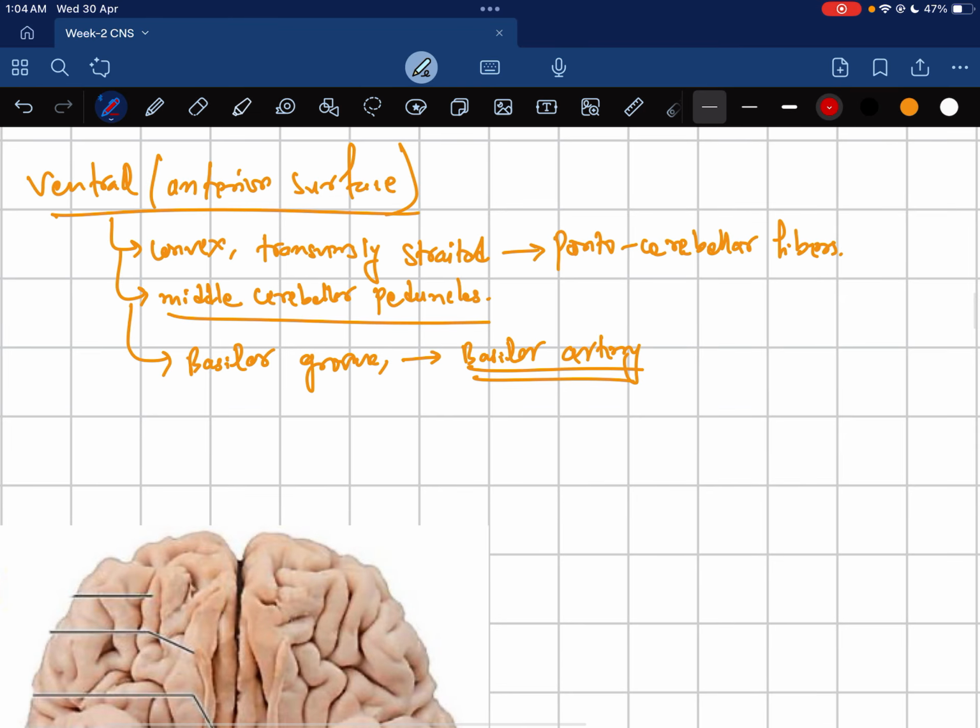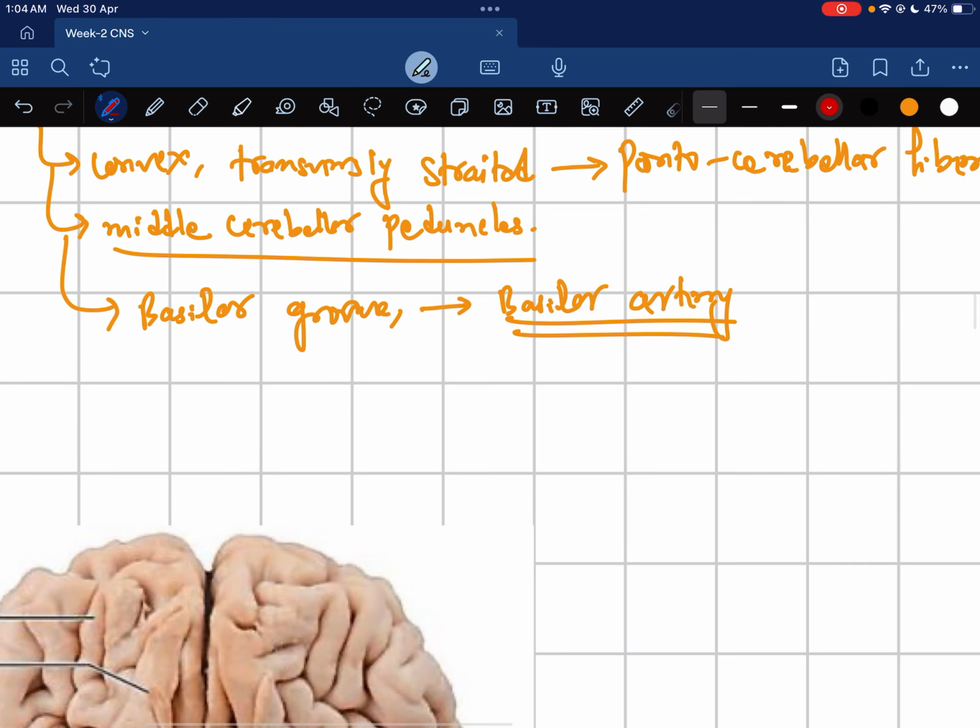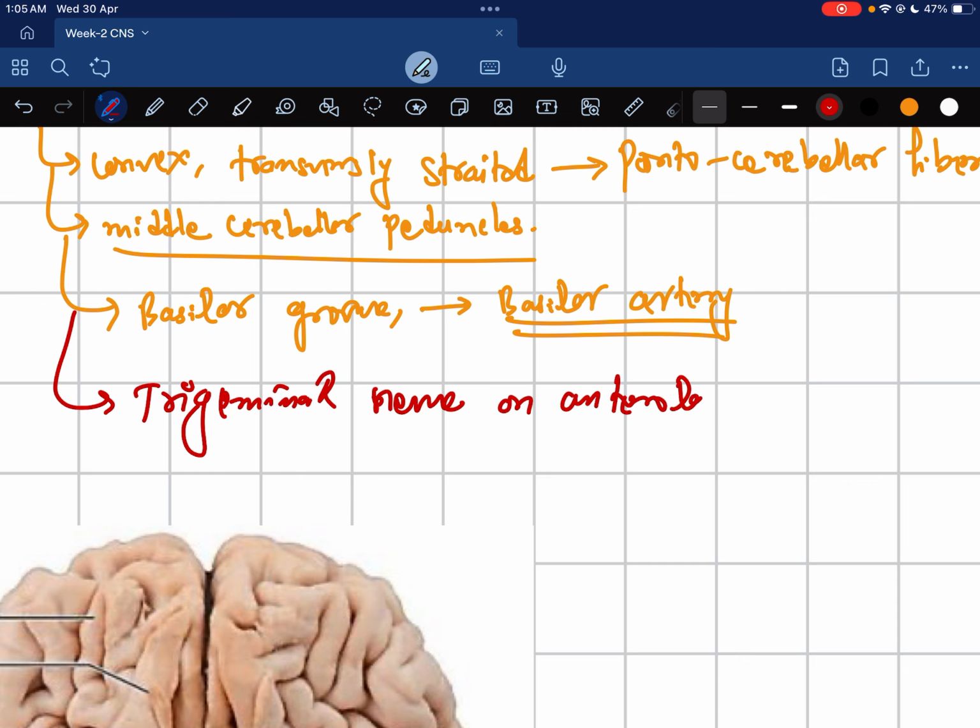Moving on, there is the trigeminal nerve, at the end on the anterolateral surface.